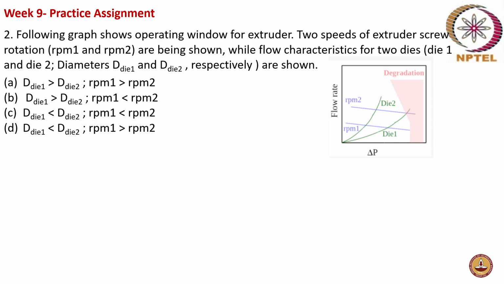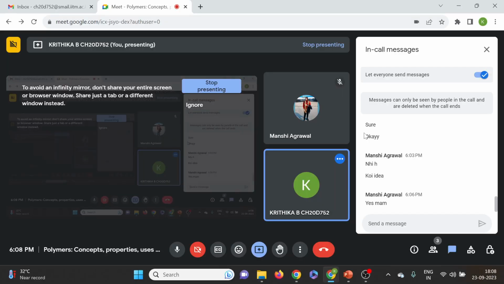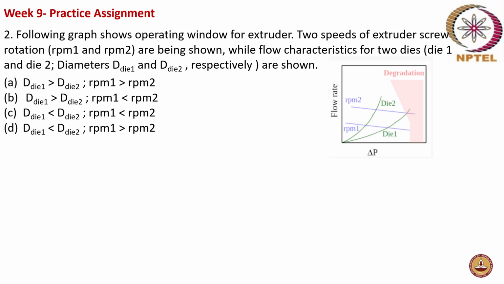You have the pressure drop versus flow rate relationship. Any idea? You can just go through the graph. You need not even go through the lecture to answer this question. You can just interpret from the plot itself.